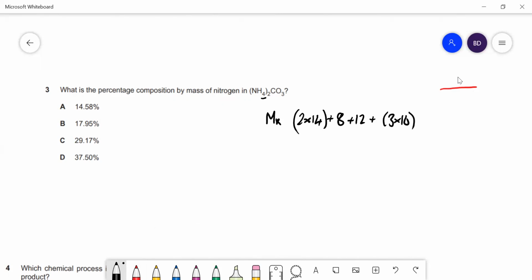That gives us an Mr of 96. The percentage of nitrogen in that is the 2 times 14, that's 28. So it's 28 over 96 times 100. That gives us, I think, 29.17%. That is the answer, C.